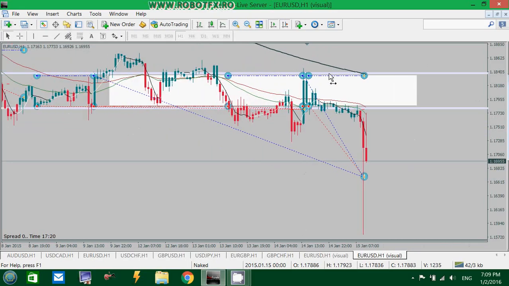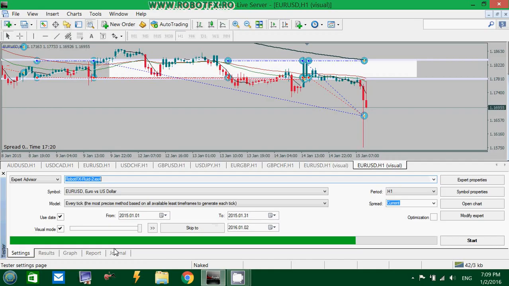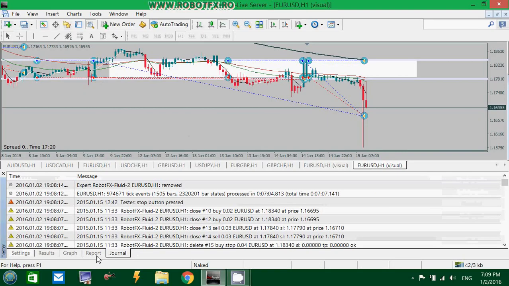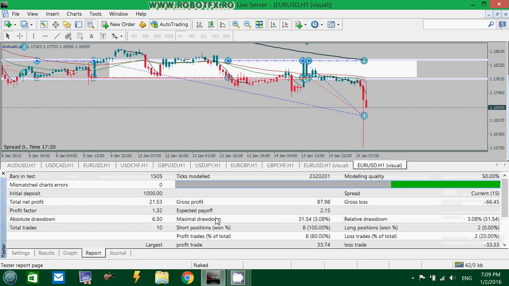Anyway, this is not the point. The conclusion is that the expert advisor managed a losing trade, or two losing trades if I remember well. We had two losing trades using the normal stop loss and transformed them into winning trades. So we didn't lose anything. Maximal drawdown was 3% in this case.